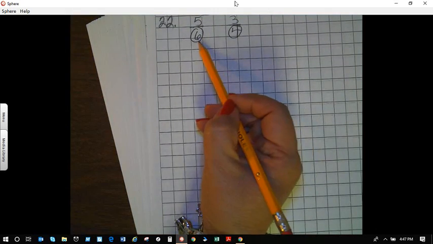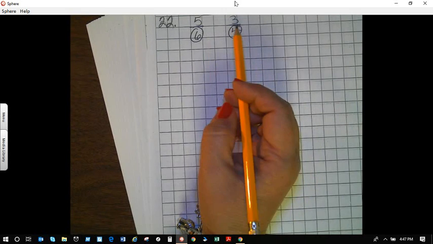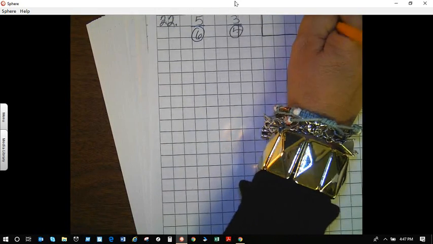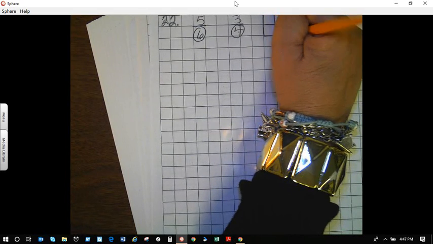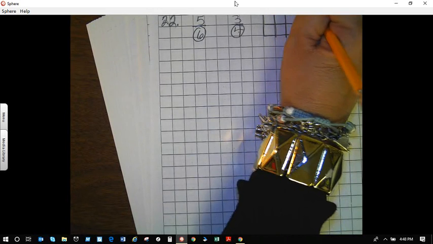So now let's look at it. So let's come over here, and I have my 5/6 and I have my 3/4. No matter what I do, whether I've decided I had to add it or subtract it, I still need to find the common denominator. So again, I'm going to draw my little rectangle box. Draw my line, make my columns, number my columns. Okay.